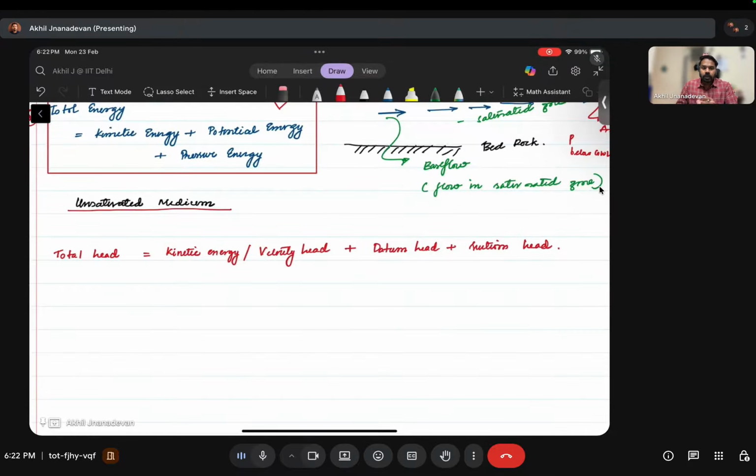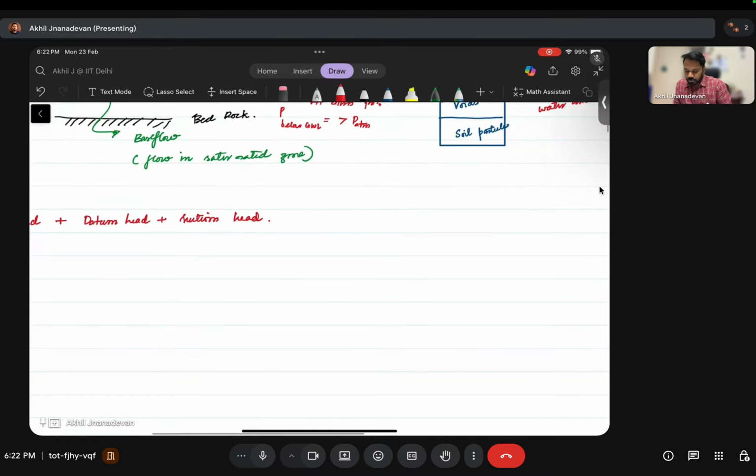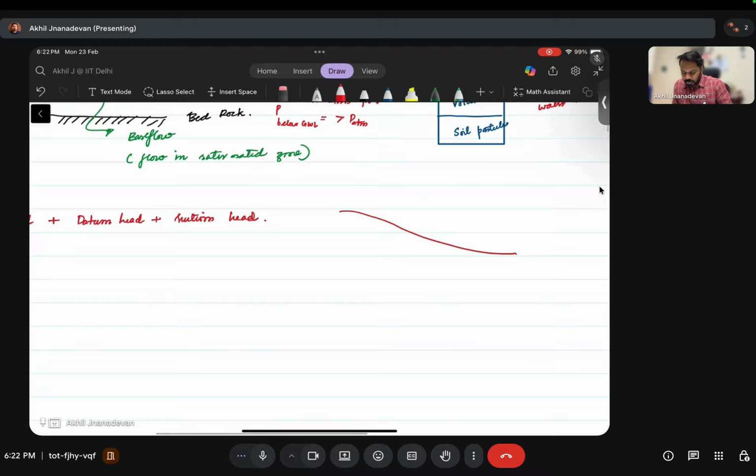And this particular head is driving the flow in the unsaturated porous medium. If you take two locations, 1 and 2, here we have the total energy H1, and here we have the total energy H2. If H1 is greater than H2, then H1 minus H2 is equal to delta H, the head difference.